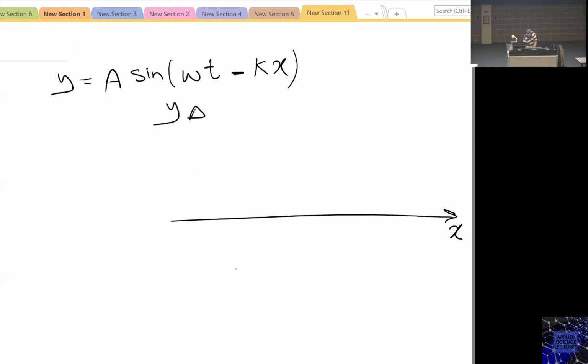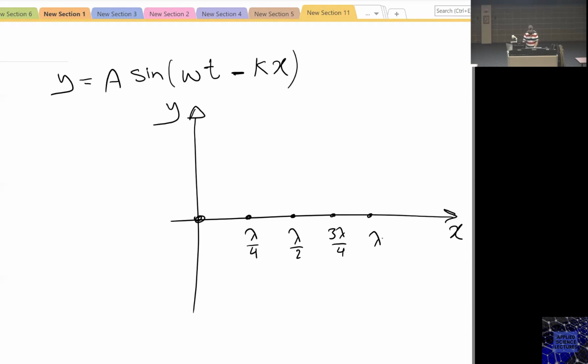The first one here is x0, the next point is lambda over 4, a quarter of a lambda, then lambda over 2, 3 lambda over 4, lambda. This is the length of one full cycle.